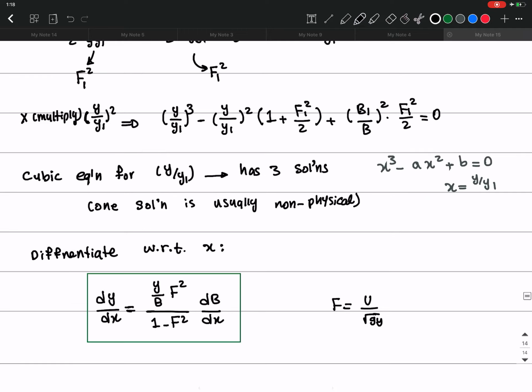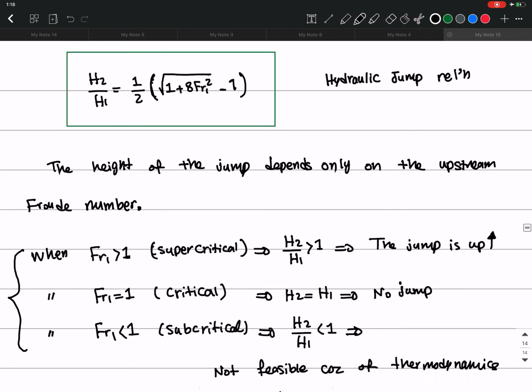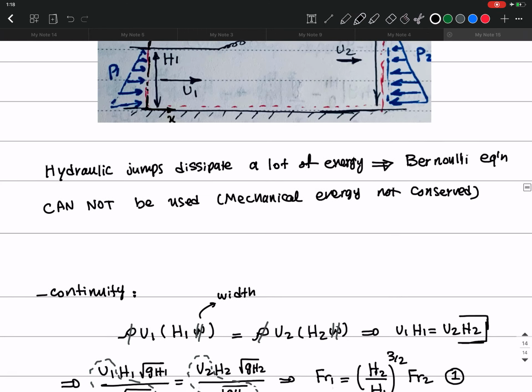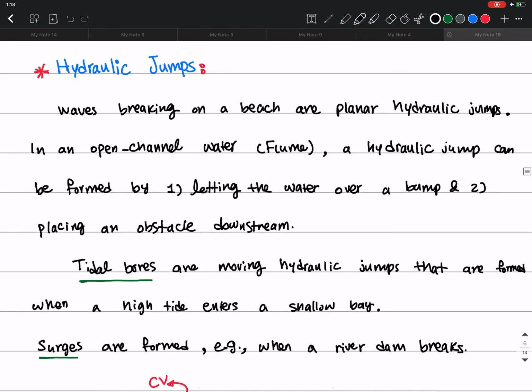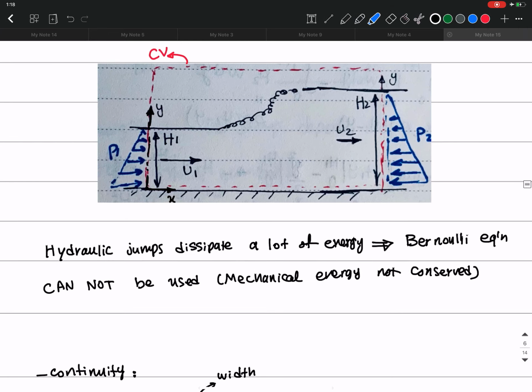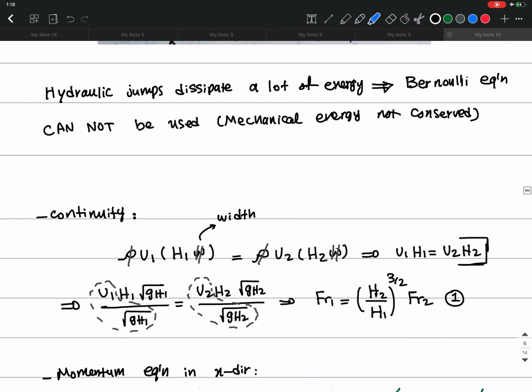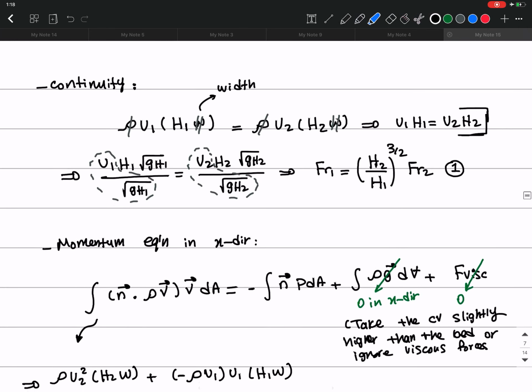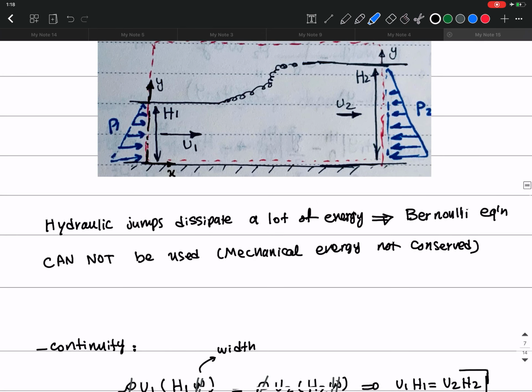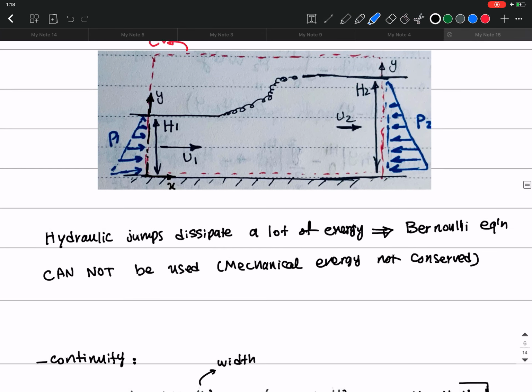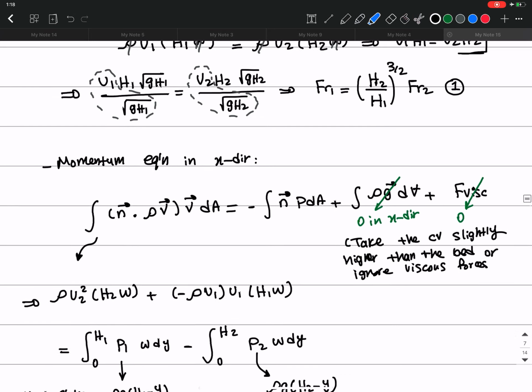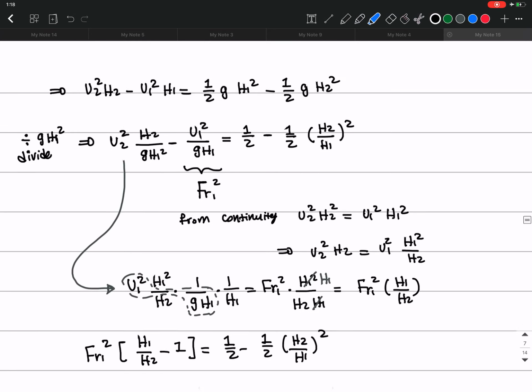Okay, so let me quickly review what we learned today. In this lecture, we started with hydraulic jumps. We defined what a hydraulic jump is. Then, because we have energy losses in a hydraulic jump, we cannot use Bernoulli, so we used the continuity and momentum equations in the x direction.